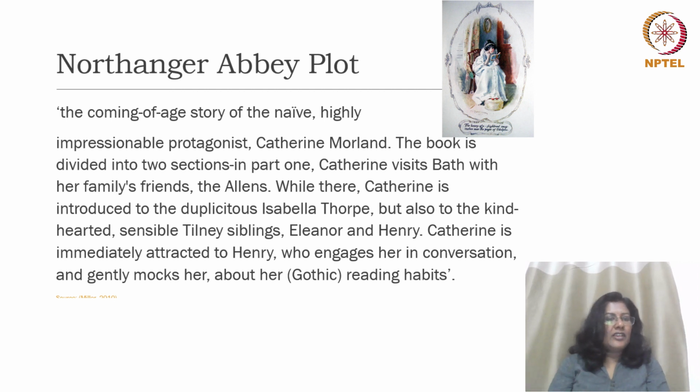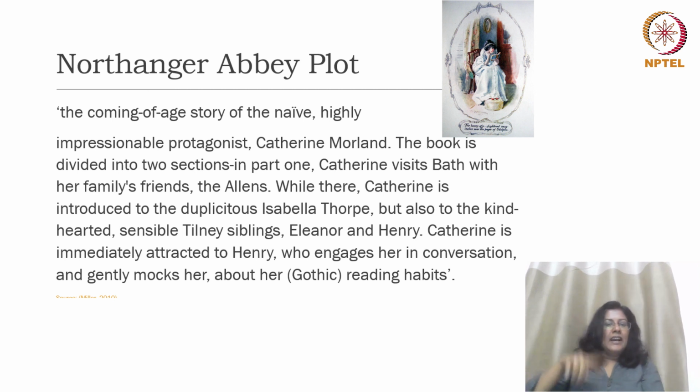While there, Catherine is introduced to the duplicitous Isabella Thorpe, a very remarkable young woman, but one who is very duplicitous as well. She's someone who cannot be trusted, and she also has a brother. We'll come to that.